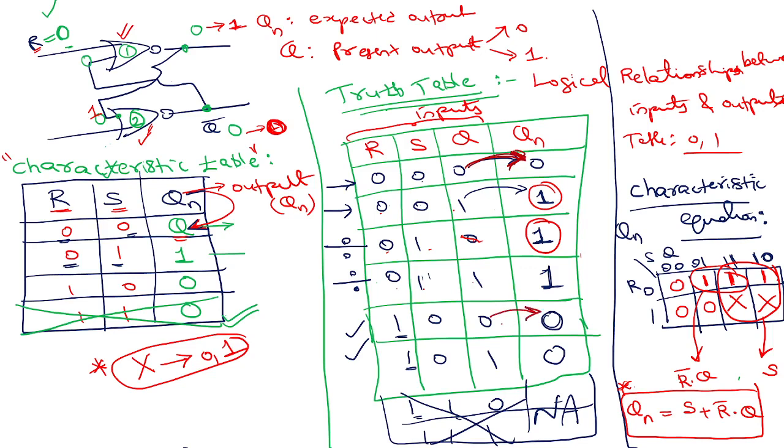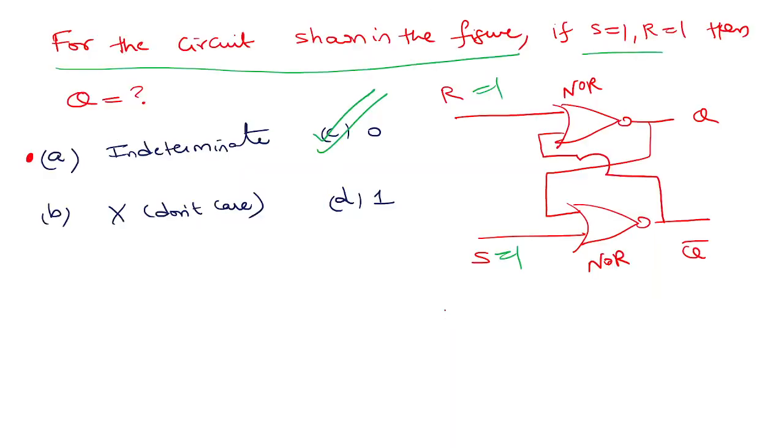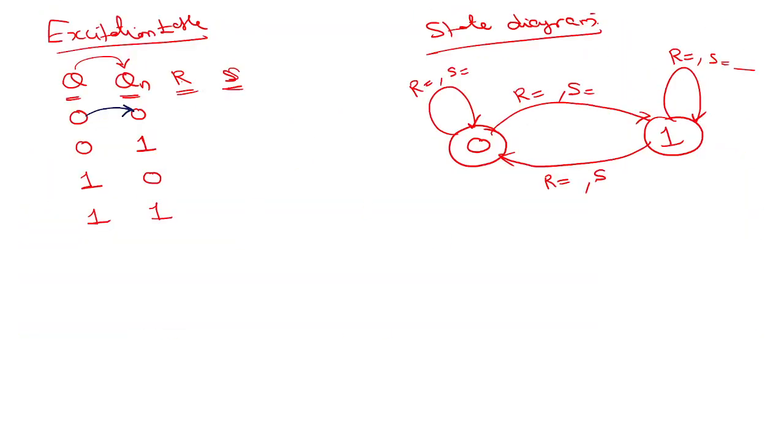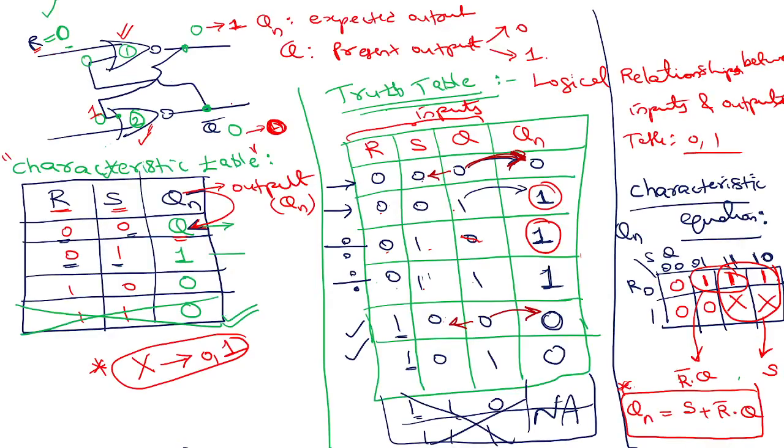In these two scenarios, you are moving from 0 to 0. Now check the corresponding inputs. In these two cases, S is definitely 0, and R can be 0 or R can be 1.